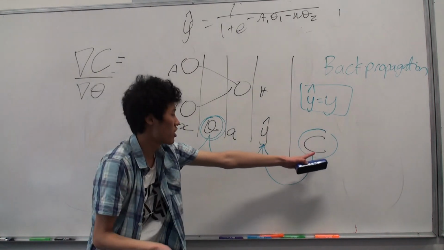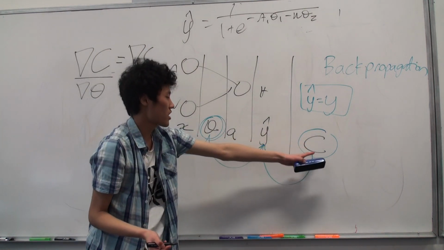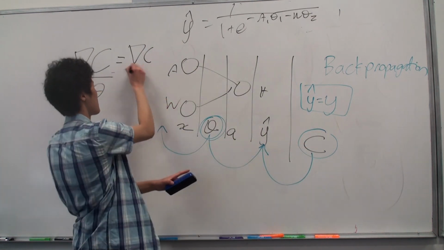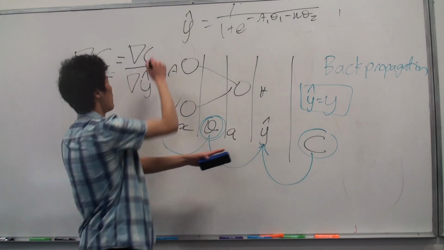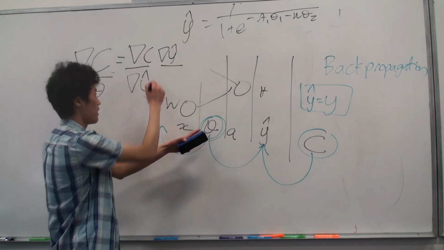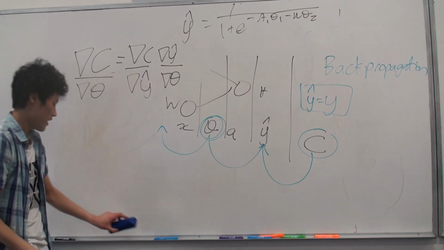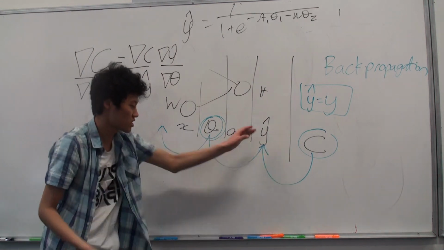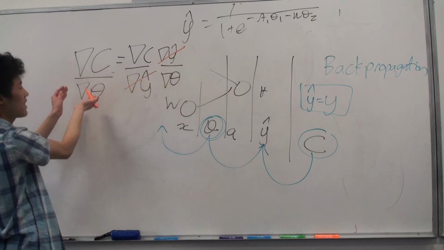Just look, if you go from here, just write it. The cost function c is over y hat, and then y hat over theta. This is just the chain rule, if you remember from calculus. If we do that using just logic, look what happens. We can cancel these out, and it'll be exactly the same as this.